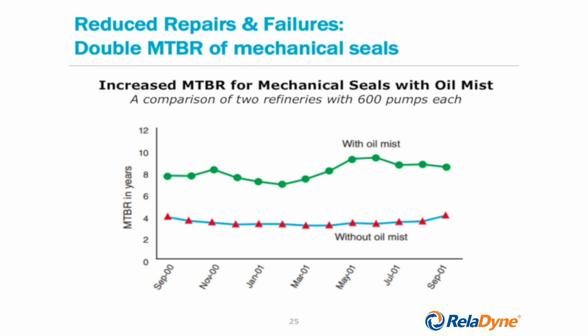So by looking at mechanical seal failures, we are actually in many cases looking at bearing failures that have preceded it. But mechanical seals are usually of great importance to us because they cause serious emissions. And so this particular plant, or the two plants in question here, they were more interested in mechanical seals, but they did realize that with oil mist, seal failures are being reduced because the bearings live longer.